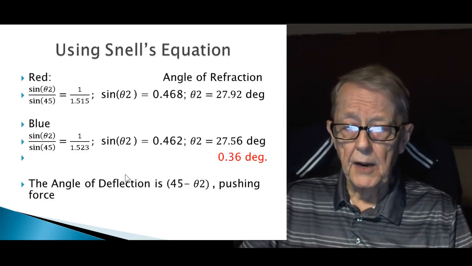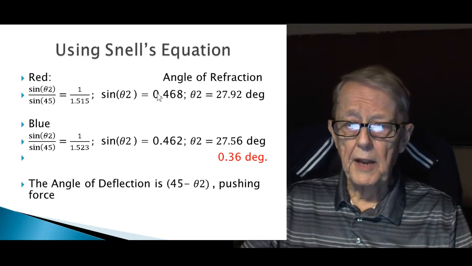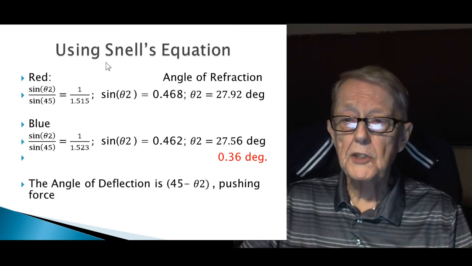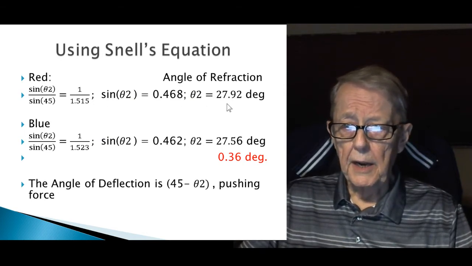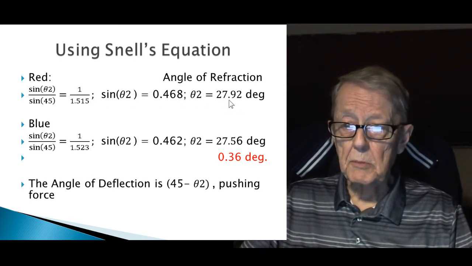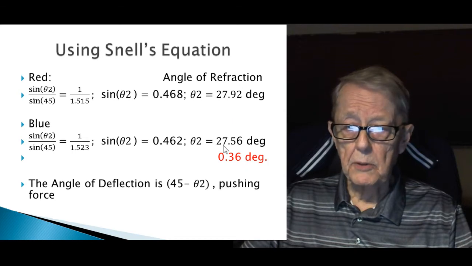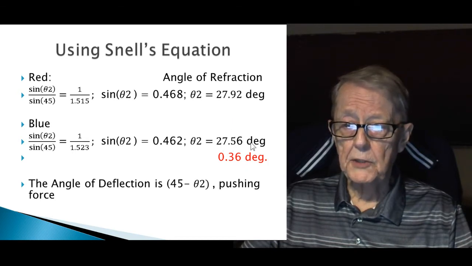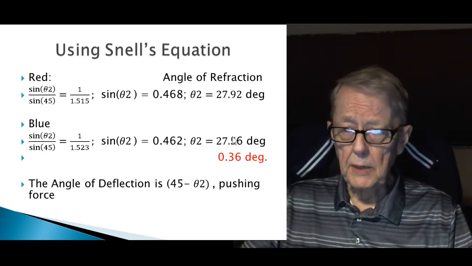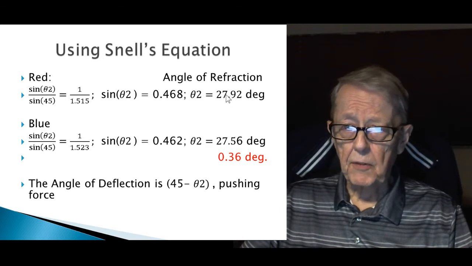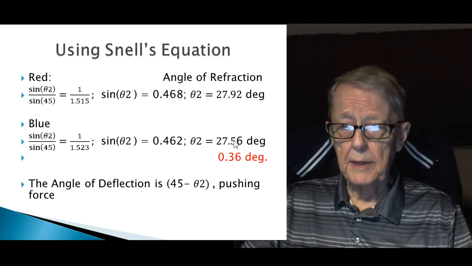And then I did a calculation of the angle of refraction using Snell's equation. Red has an angle of refraction of 27.92 degrees, while blue has 27.56 degrees. Which gives a 0.36 degree difference between red and blue, and it appears that the refraction is greater for red than it is for blue.